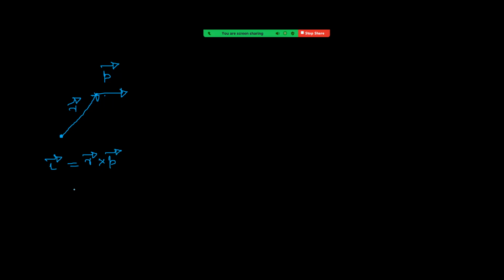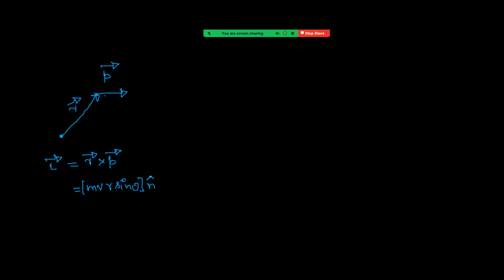Okay, so this is equal to m into v into r sine theta into n cap, where n cap is the unit vector which gives direction of r bar cross p bar, and we know how to find direction of n cap, right? Using right hand thumb rule.